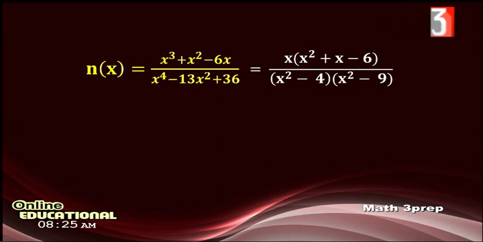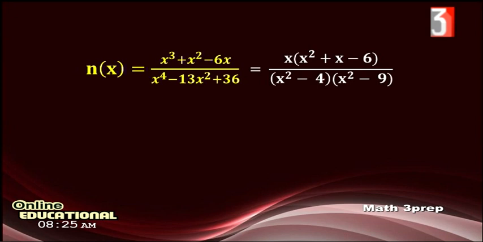When you look carefully at the denominator, it also can be factorized. How? X to the power of 4 will be x to the power of 2, x to the power of 2. What about 36? Either 1 by 36, 2 by 18, 3 by 12, 4 by 9. And we are going to choose 4 by 9 because their sum will be 13 as the middle term.